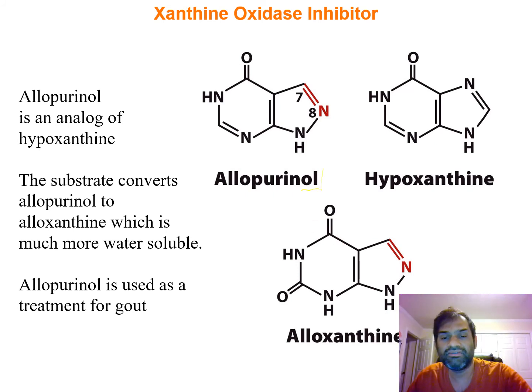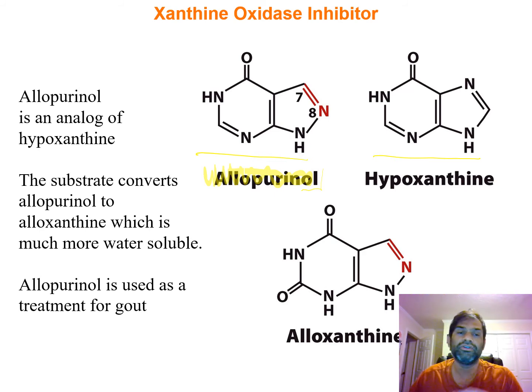And in fact, allopurinol is one of the drugs that is used to treat gout. It's still pretty much currently used. And you can see the structure of this molecule. It very much looks like the cognate substrate, hypoxanthine, which converts hypoxanthine or xanthine to uric acid.